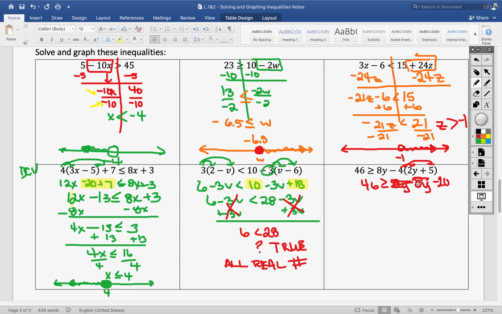And we have 8y minus 8y is nothing. So we have 46 is greater than or equal to a negative 20. Is that a true statement? It is. So it's going to be all real numbers.